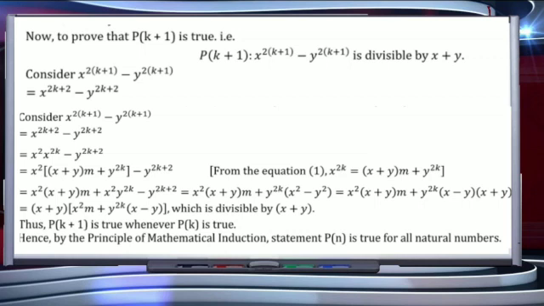So this reduces to x squared times x^(2k) minus y squared times y^(2k). Here we are keeping the value of x^(2k) from P(k). So this reduces to x squared times (x + y) m plus y^(2k) minus y^(2k+2). Again we will simplify this. On simplifying we get x + y as a common factor from the whole bracket. So this implies P(k+1) is also divisible by x + y. So by the principle of mathematical induction, our P(n) is true for all natural numbers.